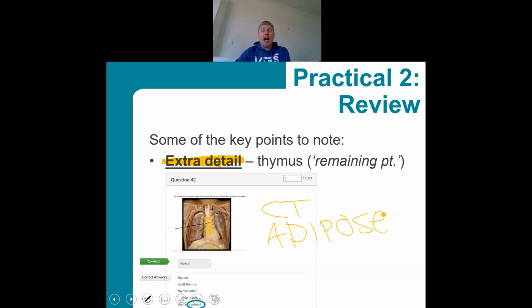It just becomes harder to see. So if rather than just saying thymus, which was full marks, a completely correct answer, you told us that it's the thymus that we're seeing there, what's left, and referred to this concept of thymus being replaced over the age, you could get extra points for that as well.